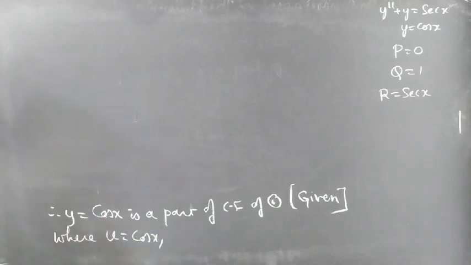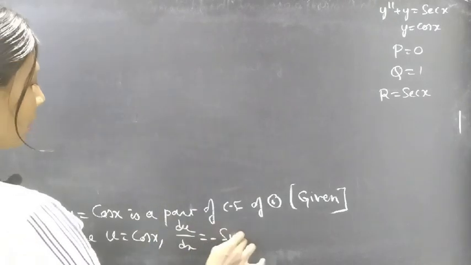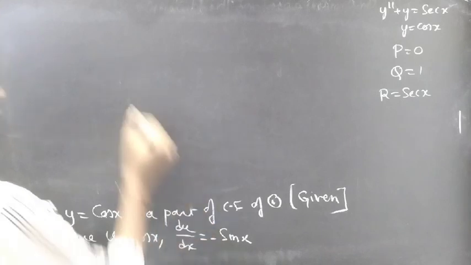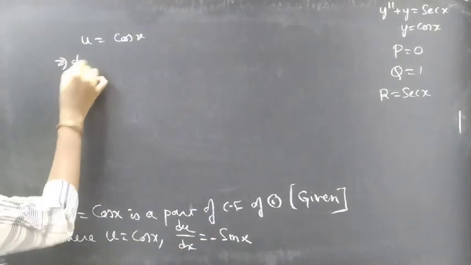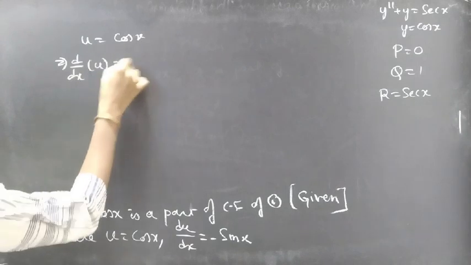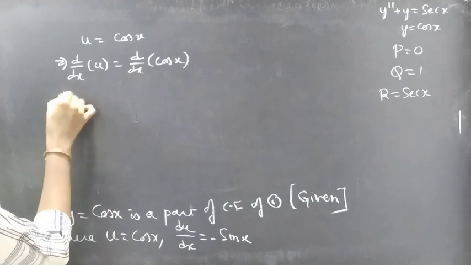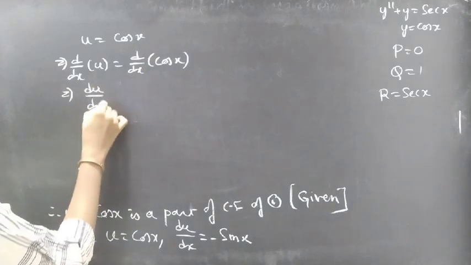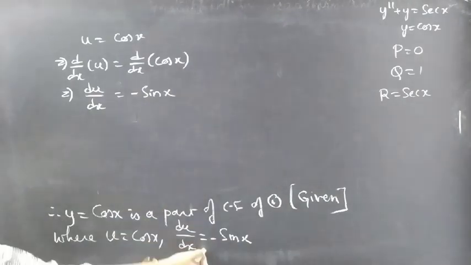If u equal to cos x, differentiate on both sides with respect to x. We'll get du by dx, which equals the derivative of cos x with respect to x, that is minus sin x.